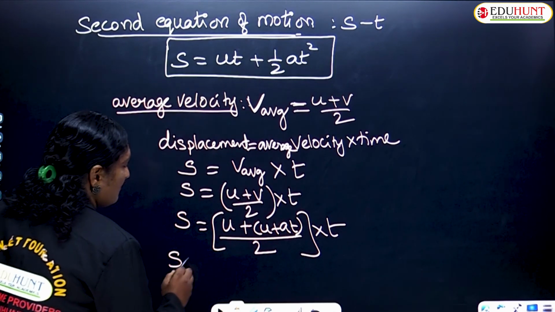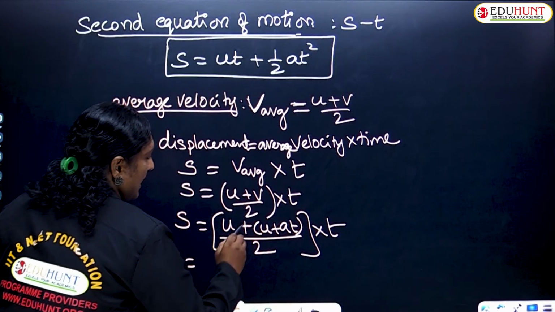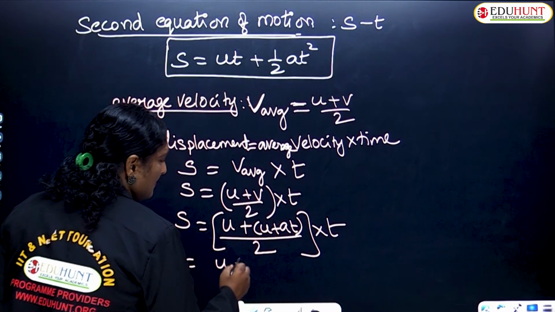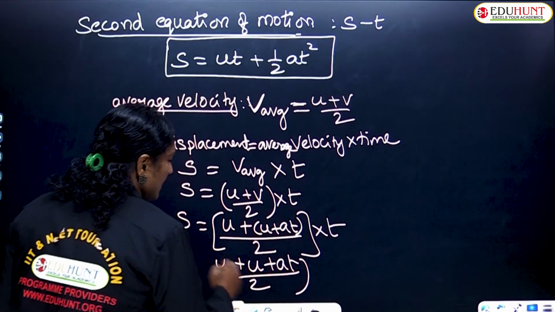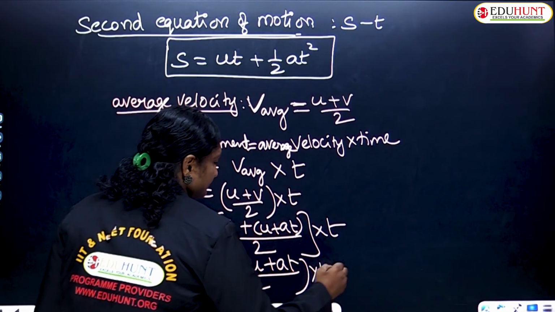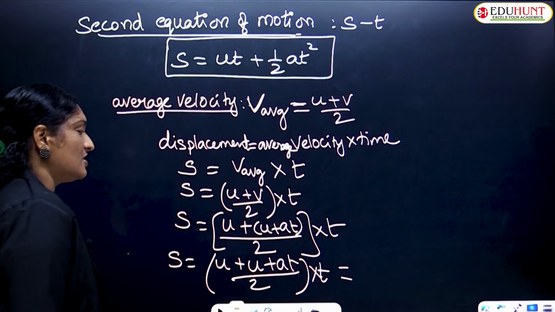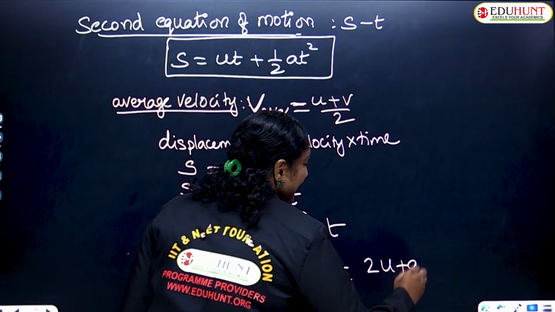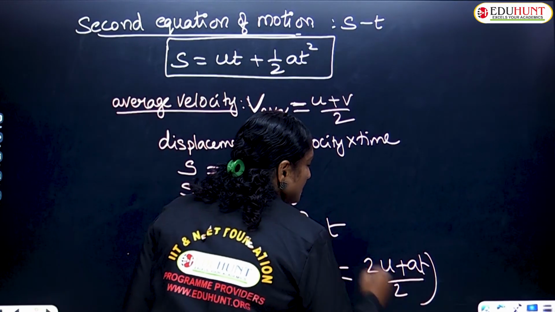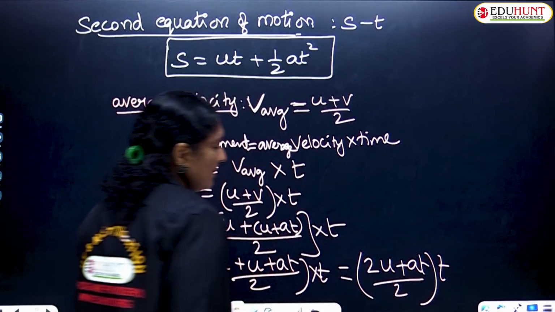Now after simplifying, open the bracket: (u plus at) by 2 into t. U plus u, how much, children? 2u. Very good. So (2u plus at) upon 2, into t.